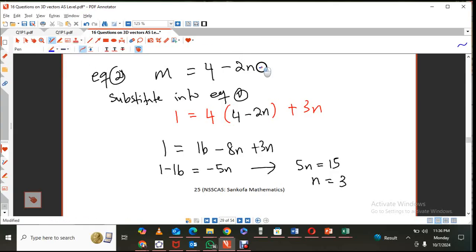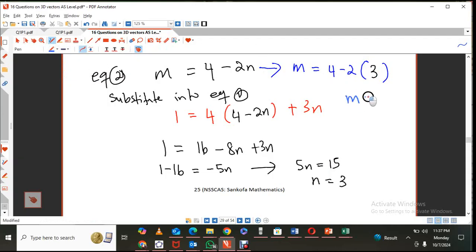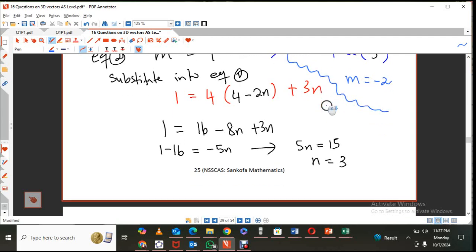So I will say m equals 4 minus 2n, because now I know what the value of n is. n is 3. Alright. So from here, m is equal to 4 minus 6, which is minus 2. So now I know what my m is.